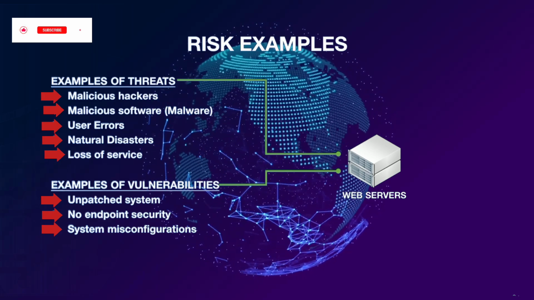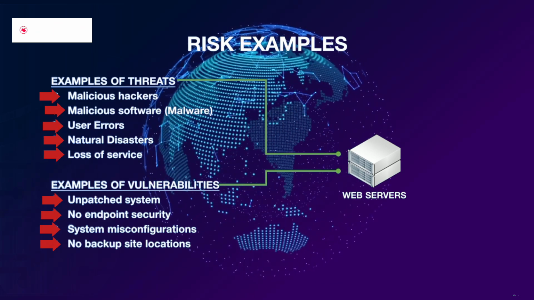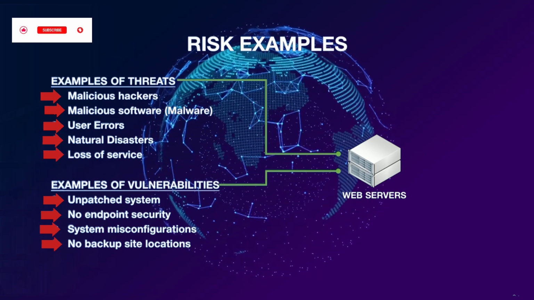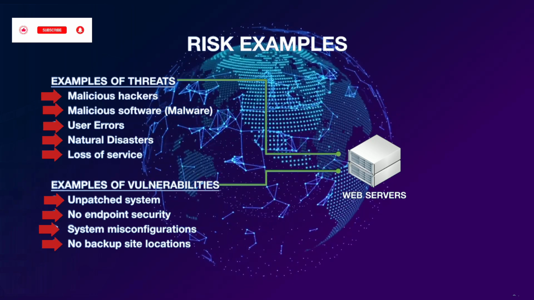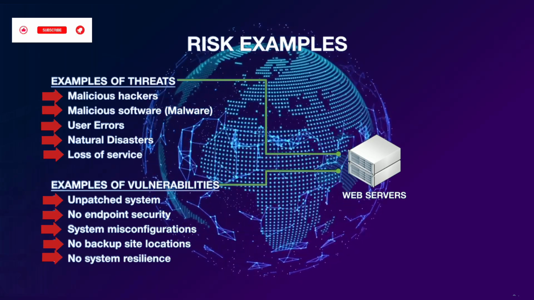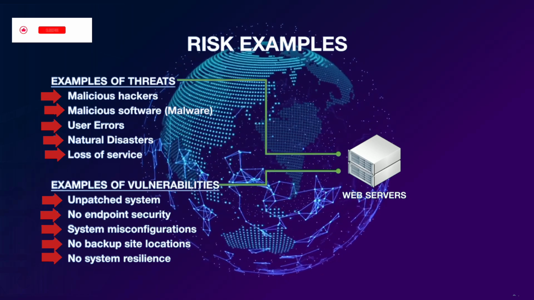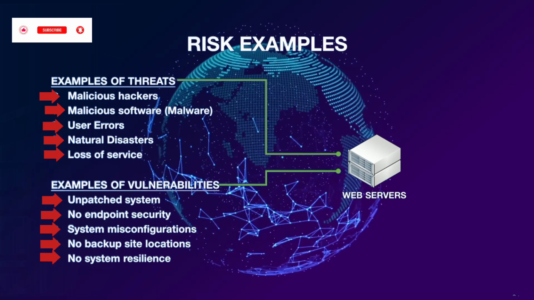And no system resilience, meaning if one web server fails, another one can pick up and work in its place. So these are very simple examples of threats and vulnerabilities. Again, just because you have a malicious hacker out there, that doesn't mean that you are vulnerable, and just because your system is unpatched doesn't mean that there is a malicious hacker looking for that vulnerability.